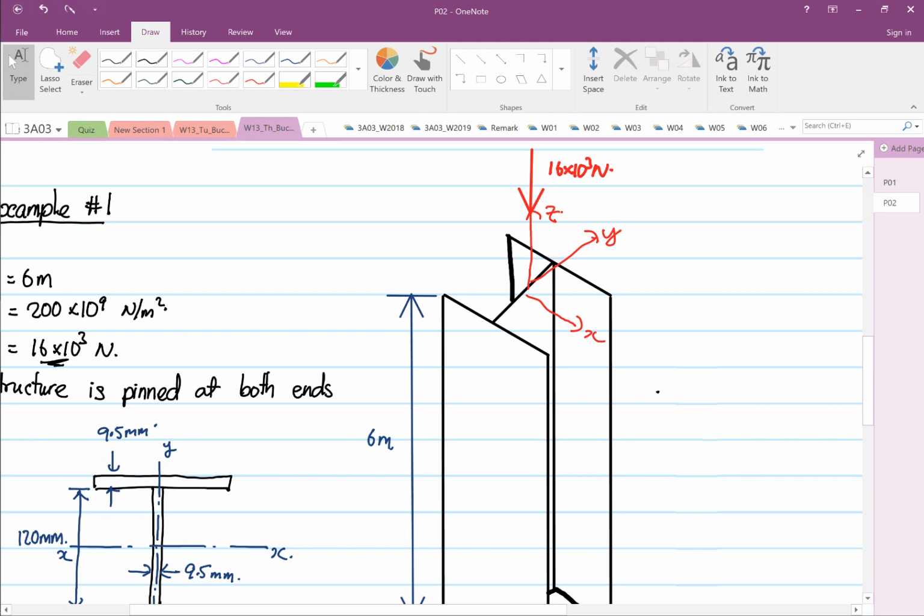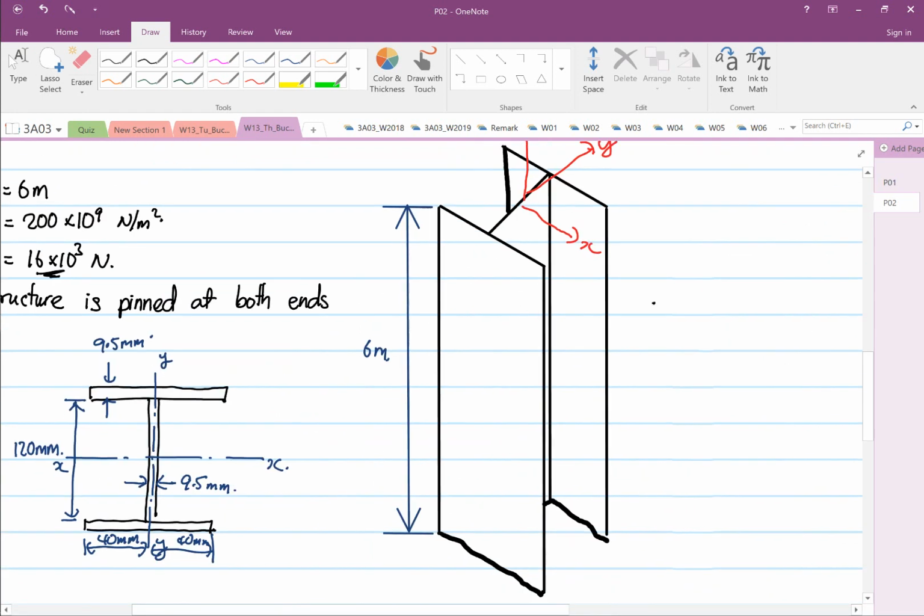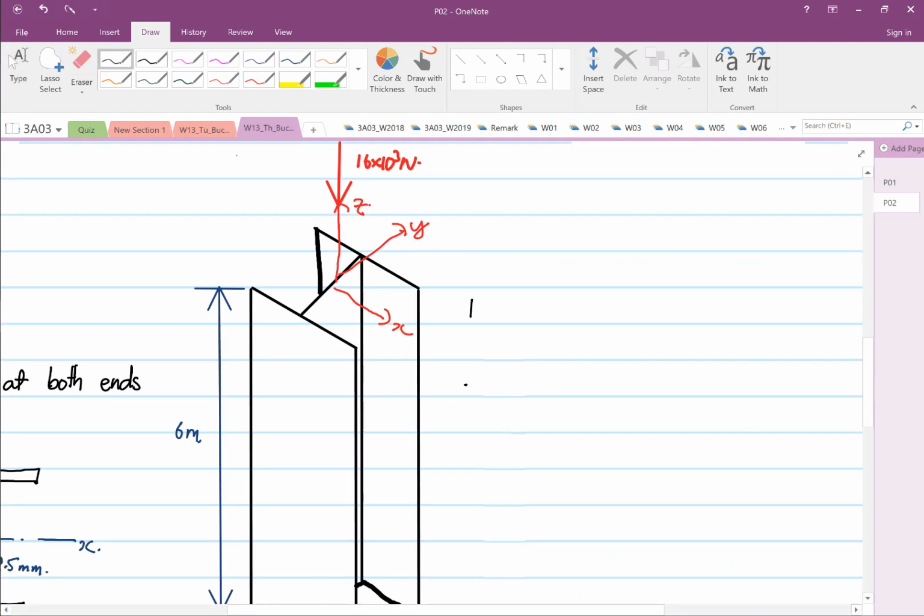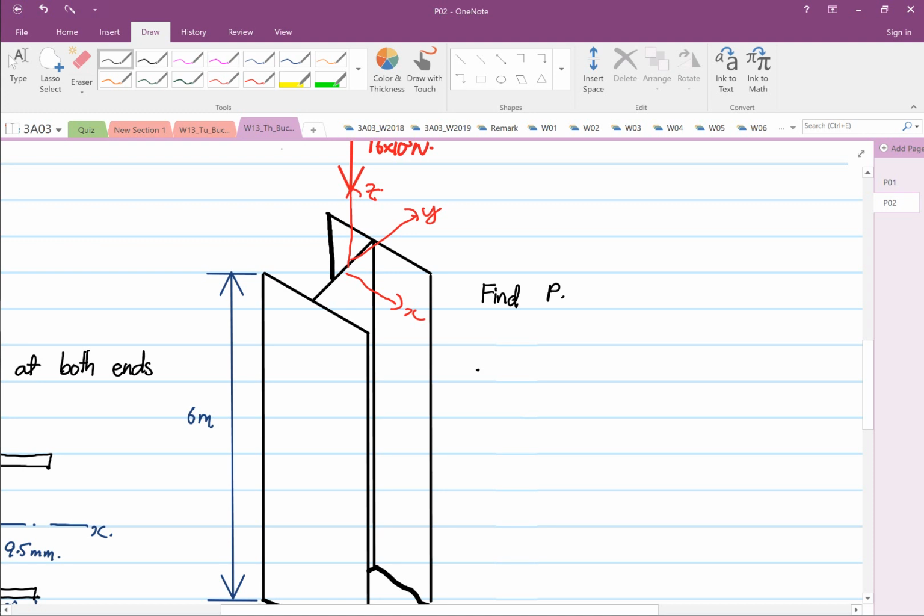Alright, so we're going to find the critical load, to calculate the factor of safety, which is equal to the critical load divided by the applied.